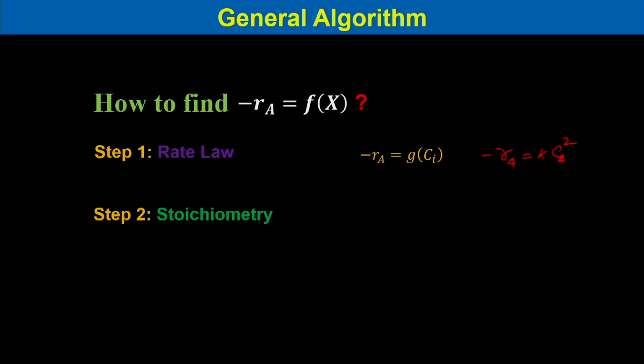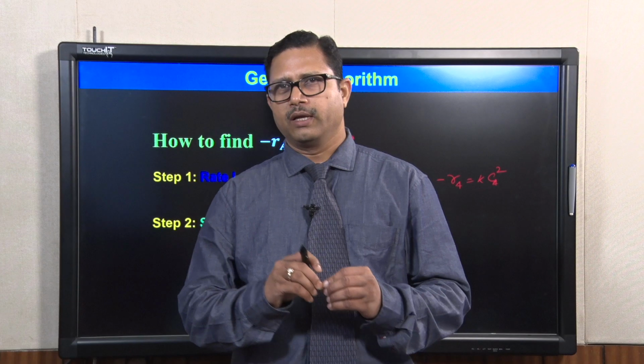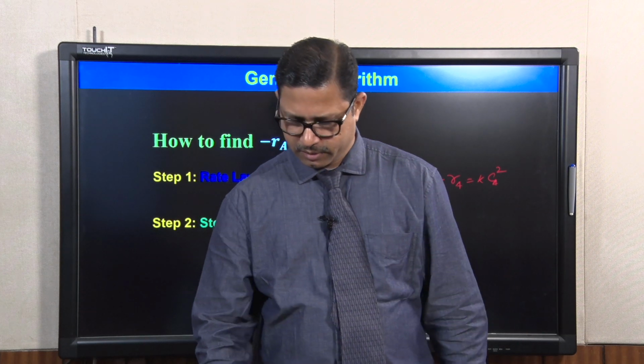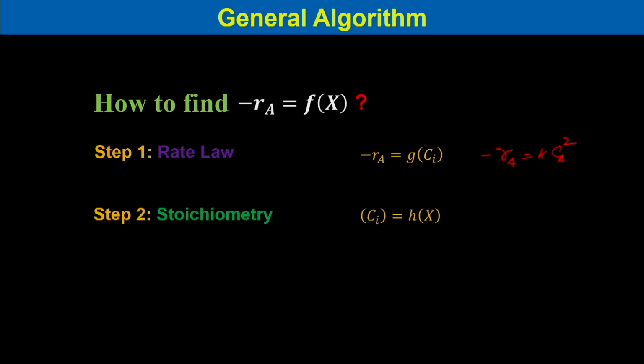The second step would be the stoichiometry, how the concentration is related to conversion. So, concentration is a function of conversion, and the third step would be to combine these two to get minus r_A as a function of conversion. So, this is the general procedure we need to follow.